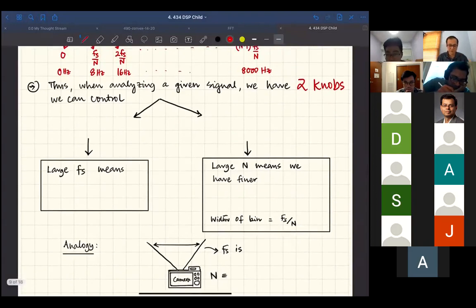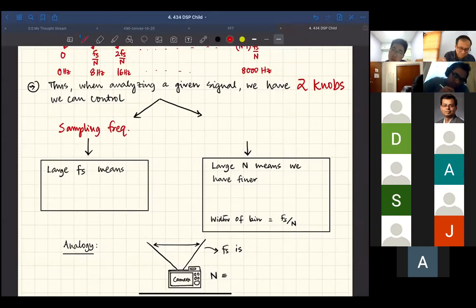Yeah. Okay, so ask me at the end of this page. So when analyzing a given signal, you have two knobs you can control, two things that you can control. One is the sampling frequency, Fs.